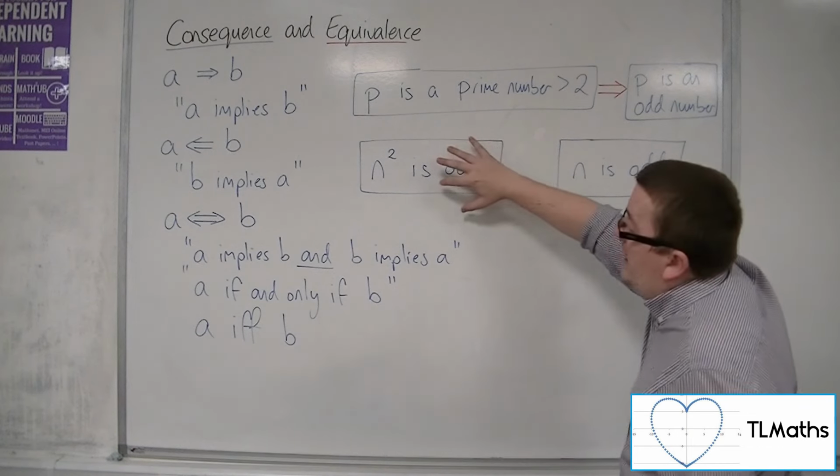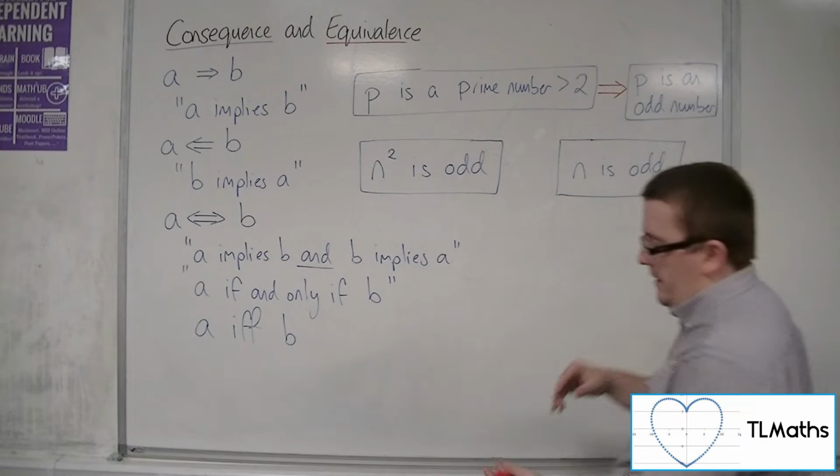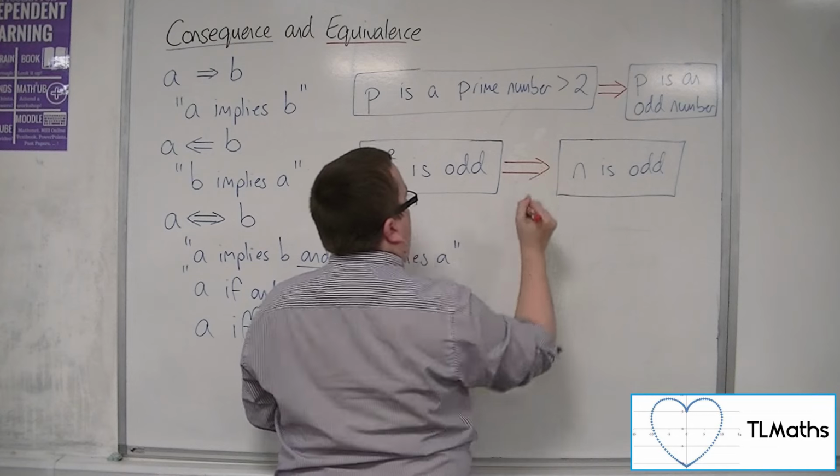So because n squared is odd, that means that n is odd. Okay? So the arrow definitely points that way.